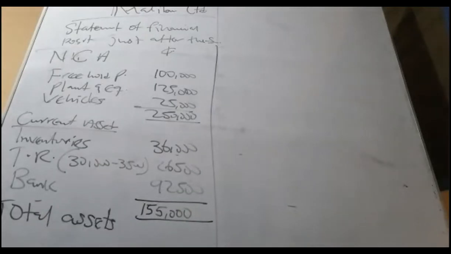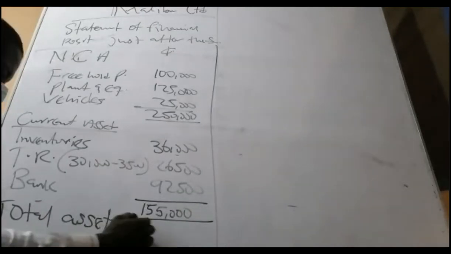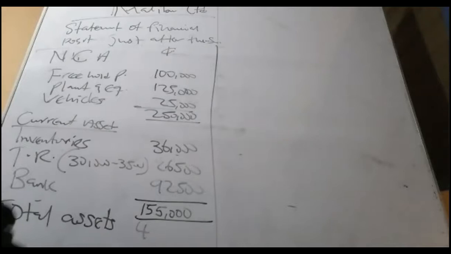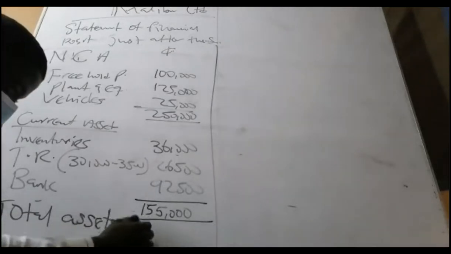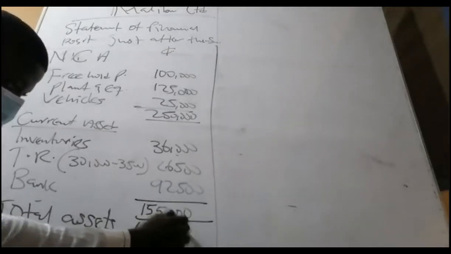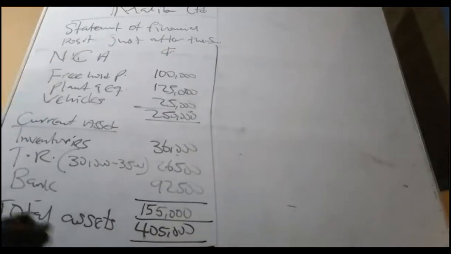Total assets will be 405,000. Don't forget to draw a line. The next line, let's continue here.